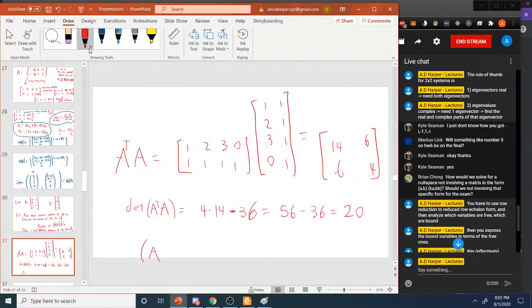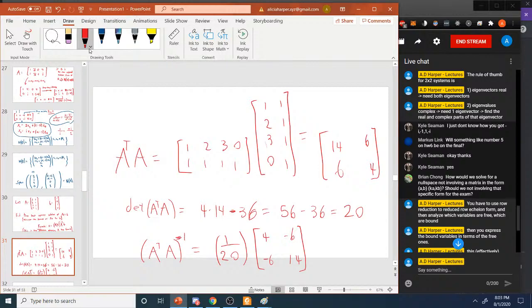So A transpose A inverse is equal to 1 over 20 times the matrix 4, 14, negative 6, negative 6. Let me sanity check myself on this really quickly. Yeah, this looks right.